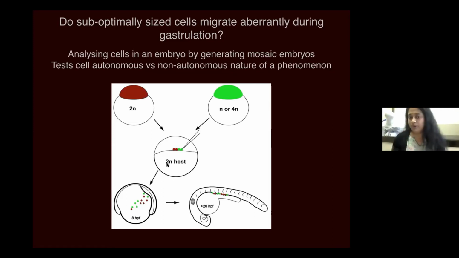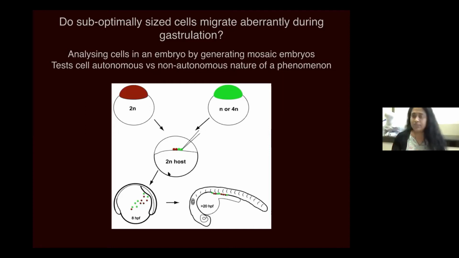We chose a diploid normal condition because a haploid cell in a haploid environment doesn't have the option of migrating in a normal environment. Everything is abnormal in that embryo. So we wanted to give haploid or tetraploid cells a normal environment and see if they manage to migrate properly.